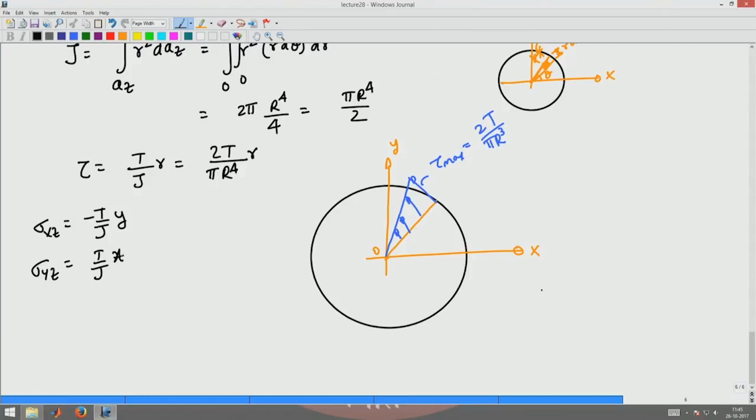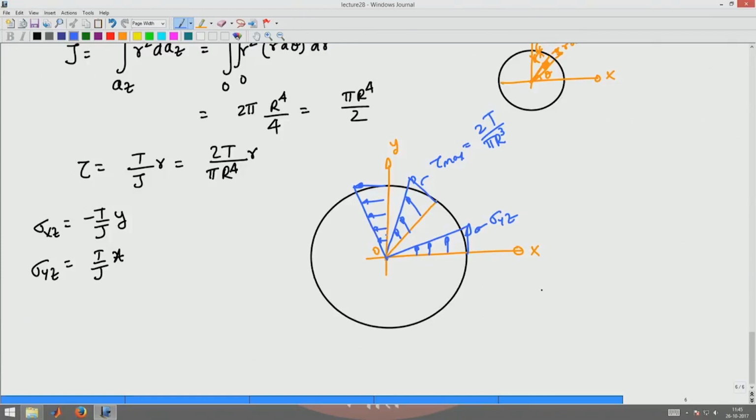Now in particular, when y is 0, for example when I am on the x axis, there will be only sigma yz shear stress, and this will vary linearly like that. And when I am on the x equal to 0 line, which is the y axis, I will have only sigma xz coming in, and the shear stresses will vary linearly like this along that line.